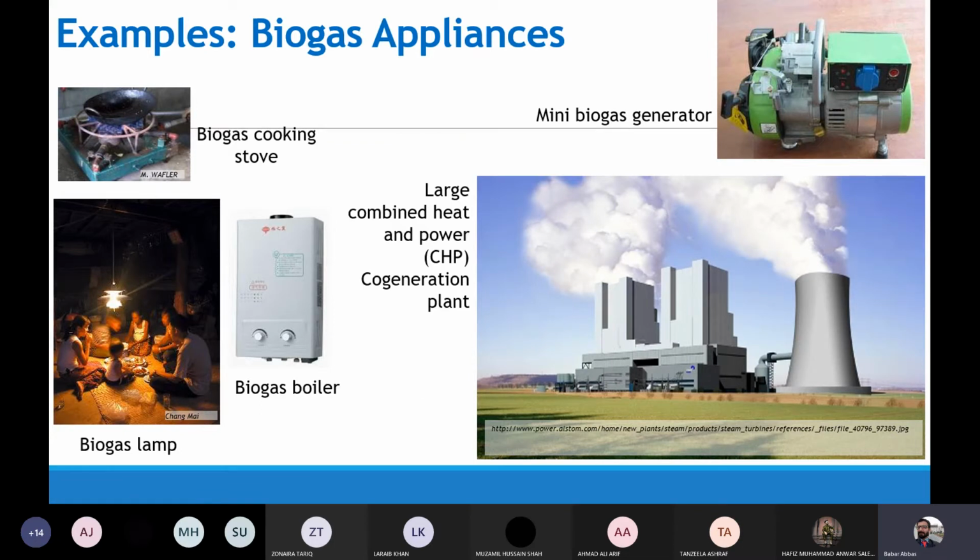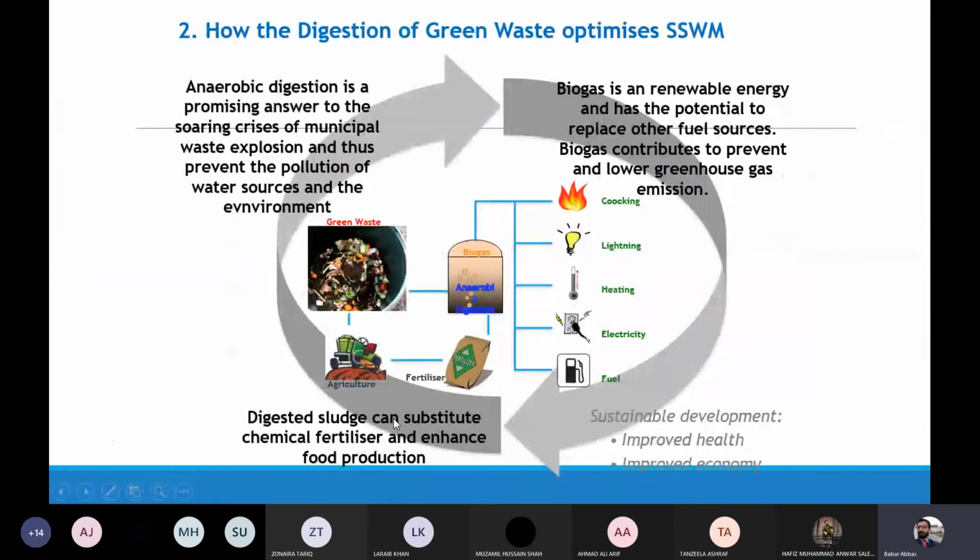We are not even standing at the first stage. Then how the digestion of green waste optimizes the solid waste management system, the sustainable solid waste management system, has already been discussed.